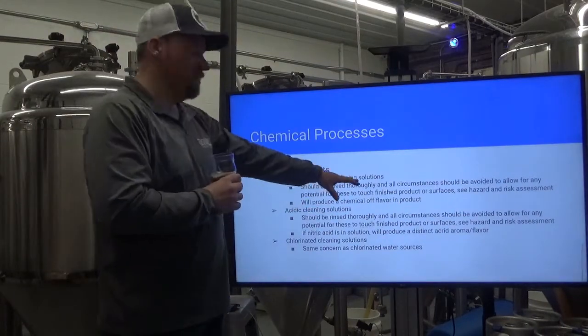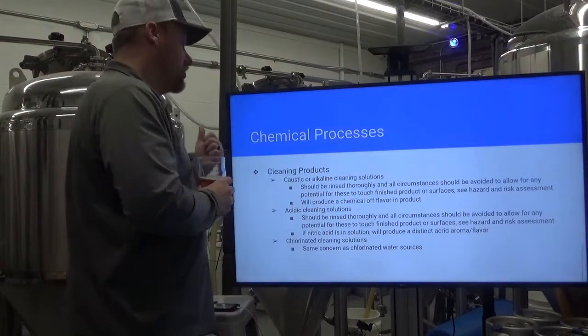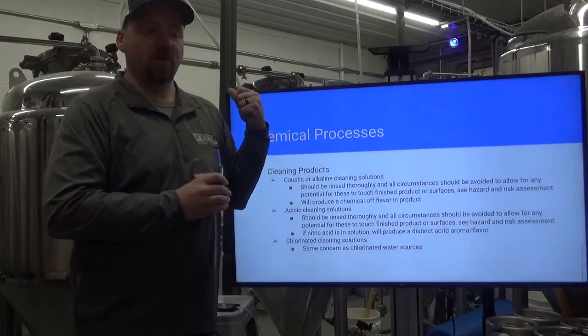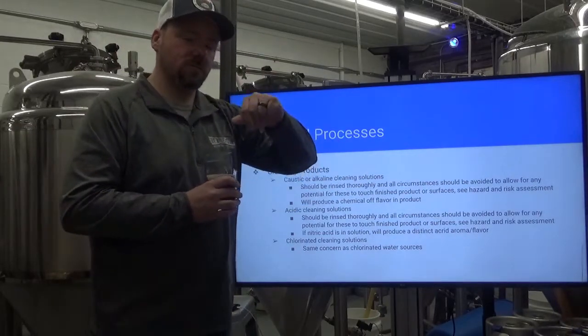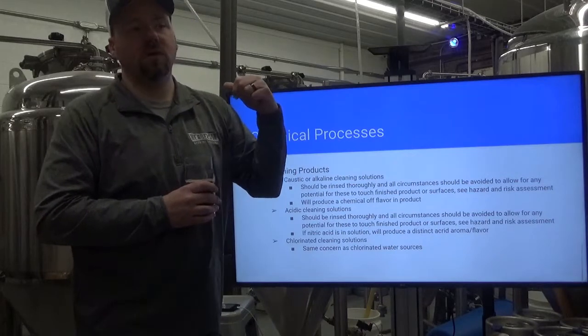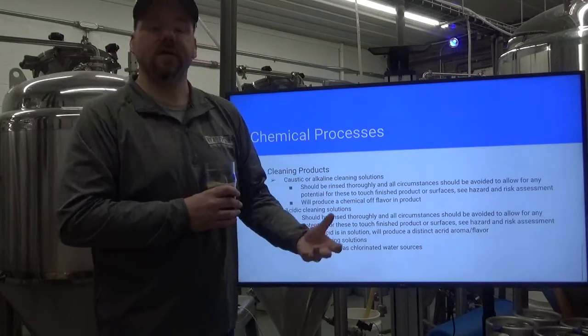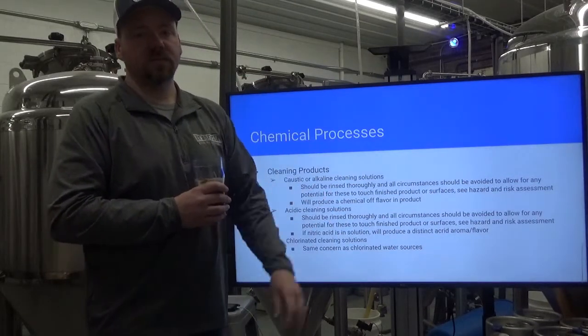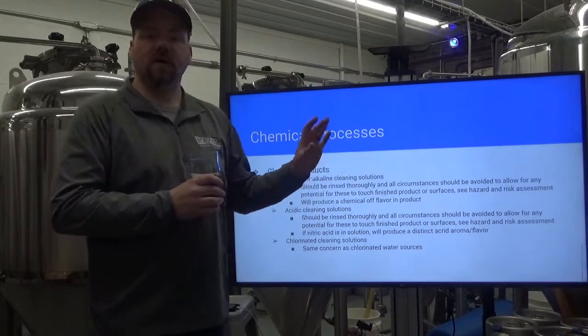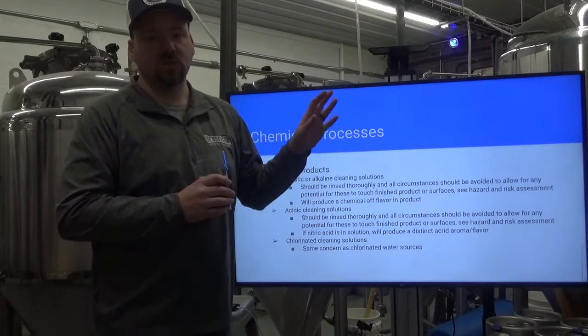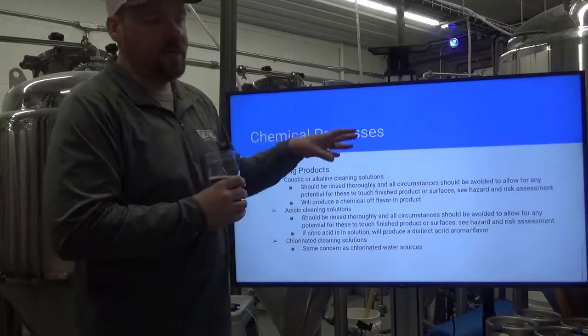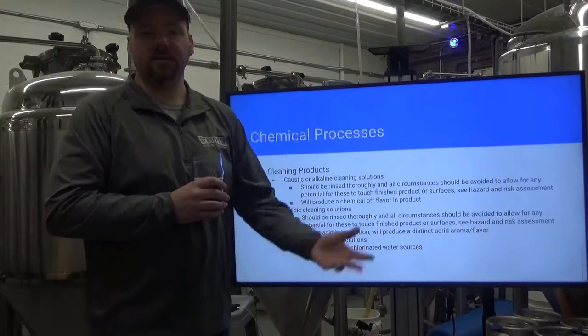So chemical processes can potentially cause off flavors. Caustic or alkaline cleaning solutions should be rinsed thoroughly, and your rinse water should be checked until you are familiar with how long it takes to thoroughly rinse your caustic solution out of your closed systems, your fermenters, your bright tanks, your kegs, anything like that, a heat exchanger.